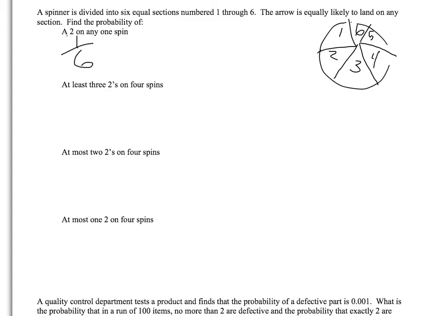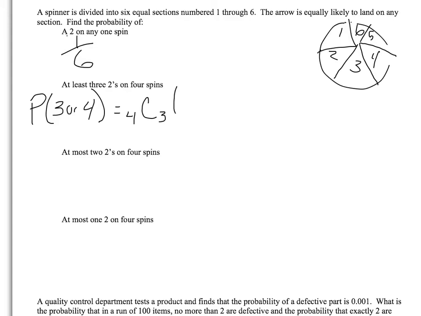At least 3 2s on 4 spins. So at least 3 2s means I could have 3 or 4 2s. If I am spinning 4 times, to find the probability of 3, it'll be 4 choose 3.